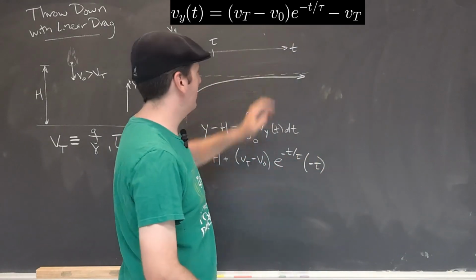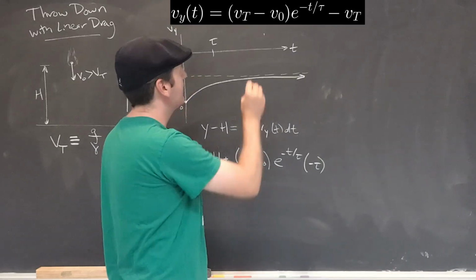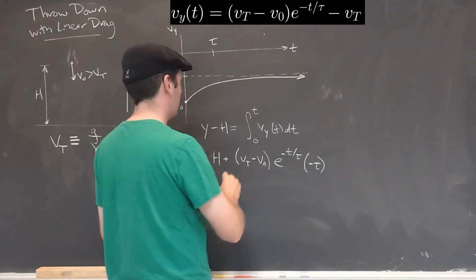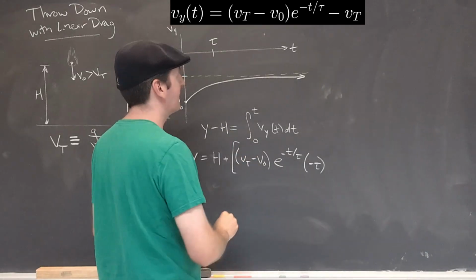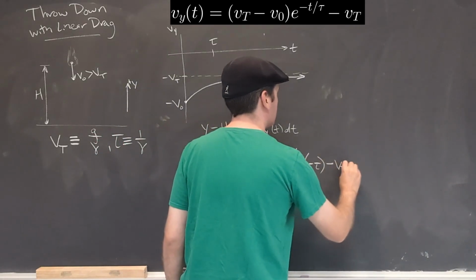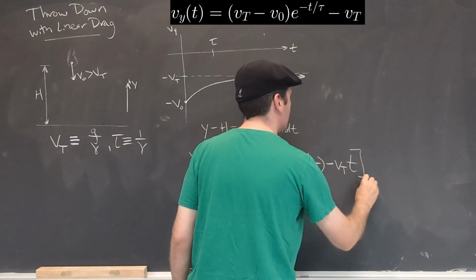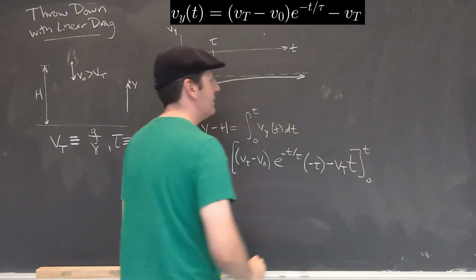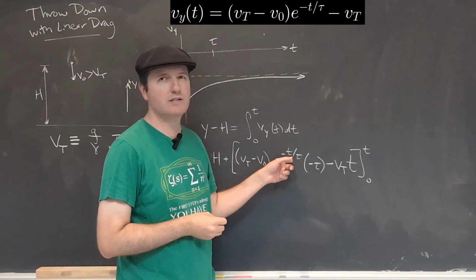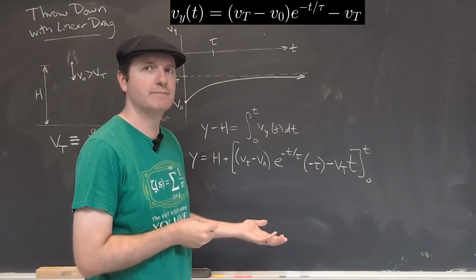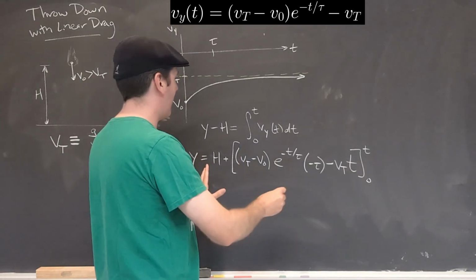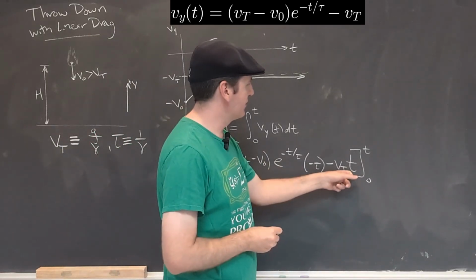And then the antiderivative of our minus vt, and maybe I should put some brackets here because we're going to have to plug in our bounds and make sure it's all working. That's just a constant, so that'll be multiplied by t. But don't forget, we still do have to plug in 0. You should always worry about that when you've got exponentials, because you can pick up some extra ones by doing that.